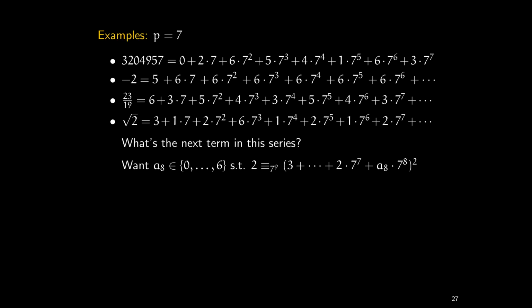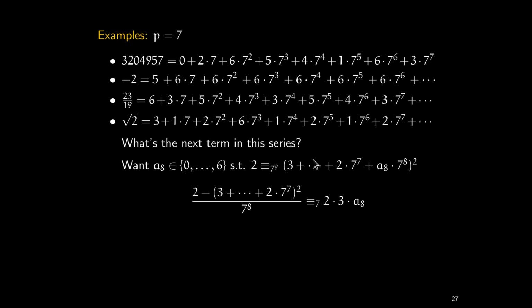But it's not so bad, because when you expand this, you square not only the A8 but also the 7 to the 8, and the 7 to the 8 squared is 7 to the 16, and this is eaten by the 7 to the 9. So only the linear term of this square survives when you expand it, and that's why we can solve for A8 even though this is a nonlinear equation, and you get a unique solution.